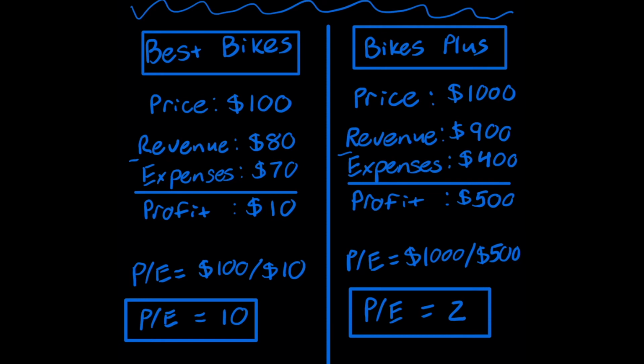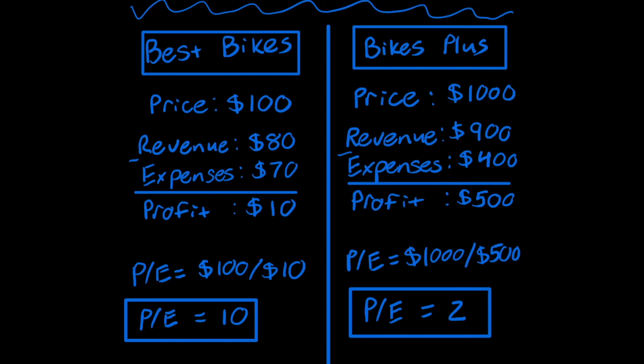Rather than having to look at the prices and comparing the revenue and expenses, you can just look at the PE ratio, and you would see that the PE ratio of Bikes Plus is 2, meaning you're only paying 2 times their historical earnings for the company. Rather than when you're buying Best Bikes, you'd be paying 10 times. So that would seem to imply that you're getting a better value with Bikes Plus.